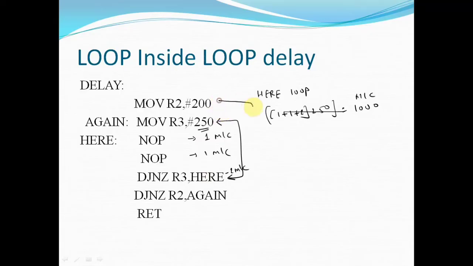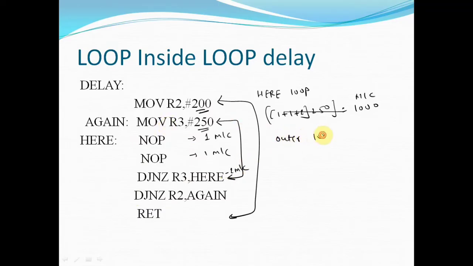Now we'll consider the outer loop. In the outer loop, the count value loaded into R2 is 200. Therefore, MOV R3, NOP, NOP, DJNZ and this second DJNZ, all these instructions are going to execute 200 times. First we will calculate the number of machine cycles for the outer loop.